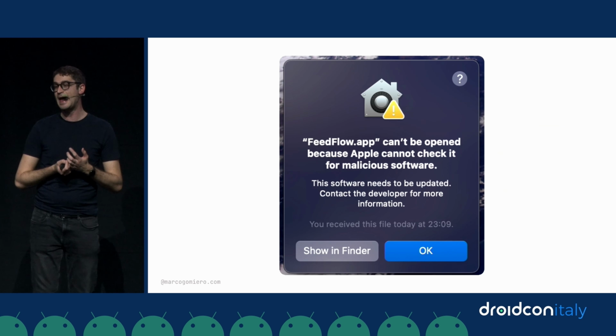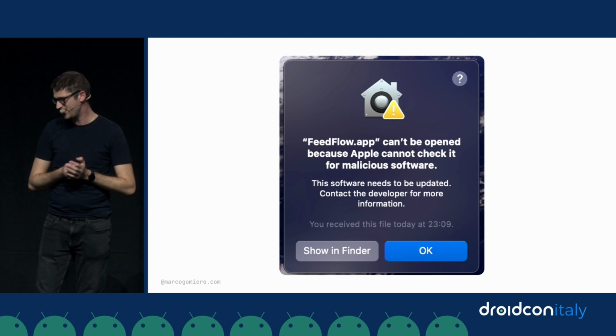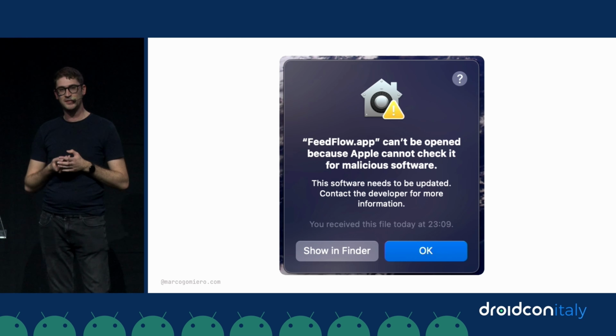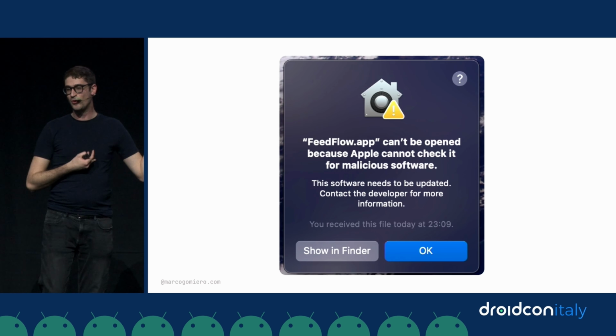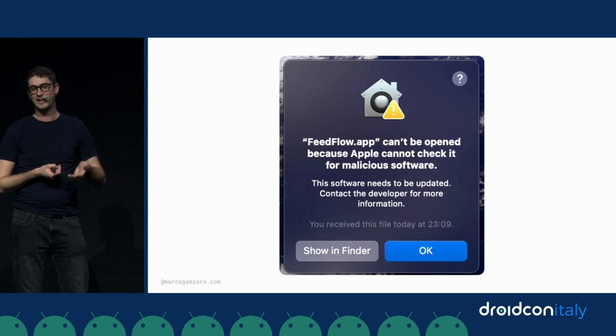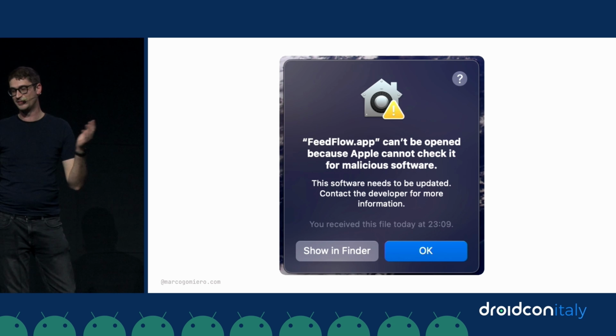Basically, Apple thinks it's malware, so sorry, nope, you can't install this thing on the machine. You might have seen it if you just downloaded a random tool from GitHub with the last commit five years ago that is not notarized, because for doing this step, you need to pay the $99 to Apple. So, yeah, that was a nice surprise.